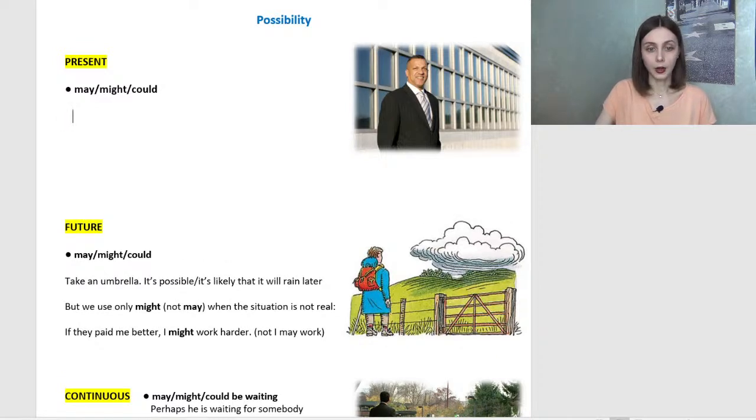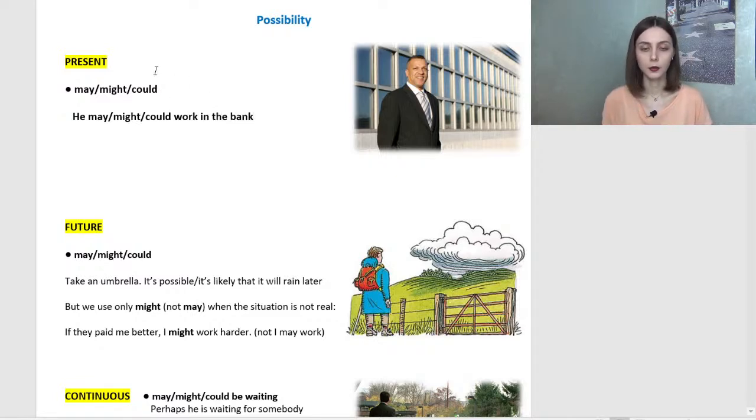So you can write down he may, or he might, or he could work in the bank. So this is what you can say. He may work in the bank, he might work in the bank, he could work in the bank, but I'm not sure really.